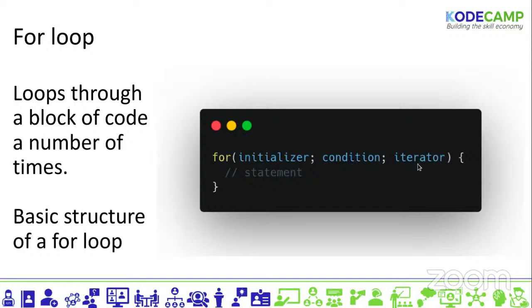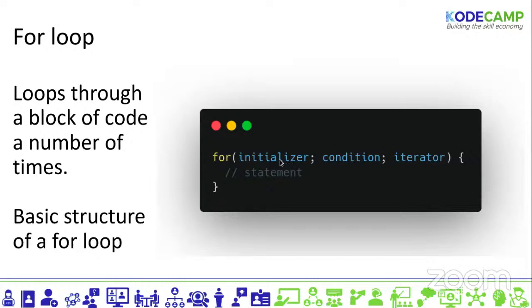Then this iterator is, if you're iterating through a number, how many steps it should take each time it's iterating through that number. Like if the initializer is zero, it means you're starting from zero to count the loop. Then you're saying, after the first time this loop runs and this condition is true, how many steps should we take to the next loop?